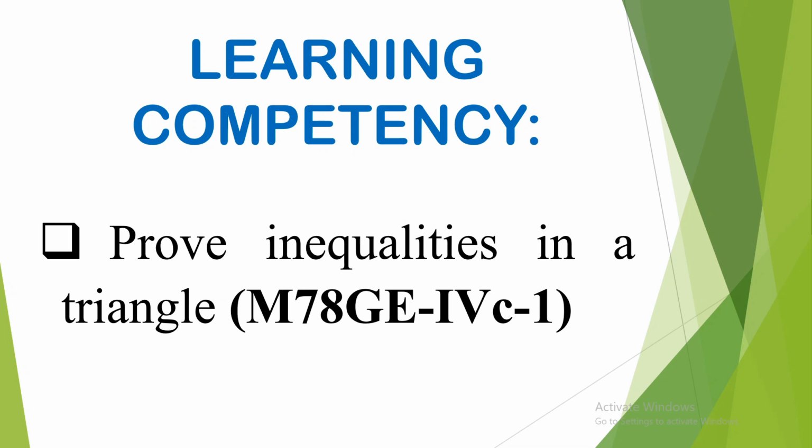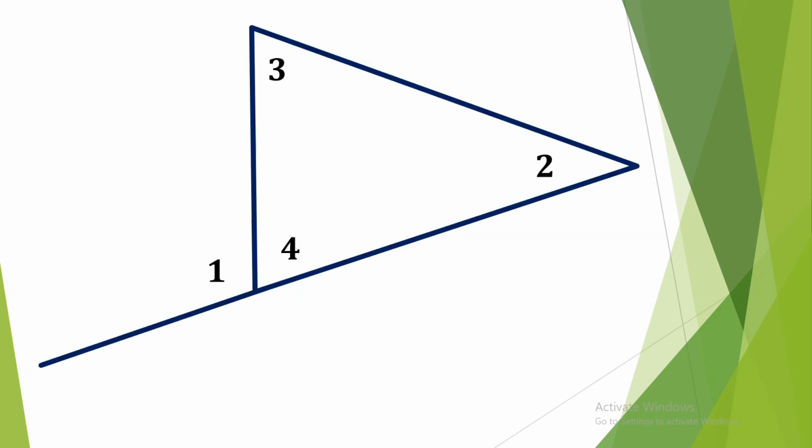But before that, let us have first a recap of what we have discussed on the previous lesson. We have here this figure. Note that from our previous lesson, we had stated that the measure of an exterior angle of a triangle is equal to the sum of its remote interior angles.